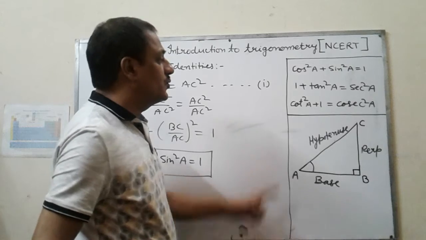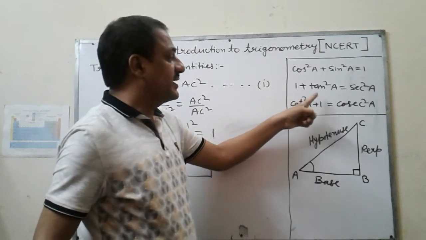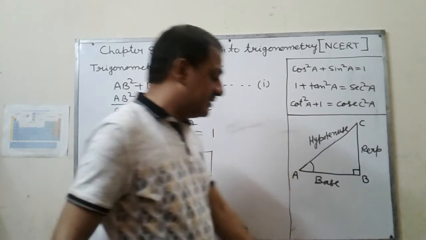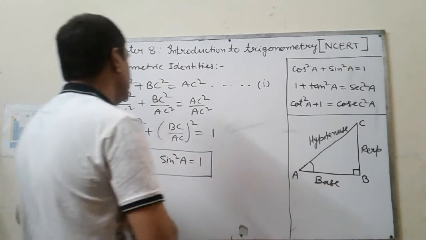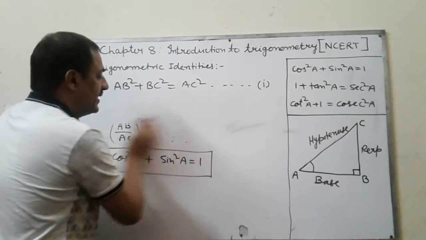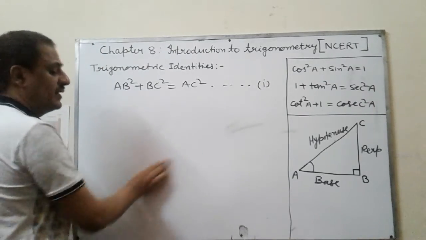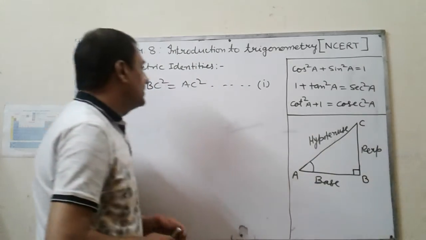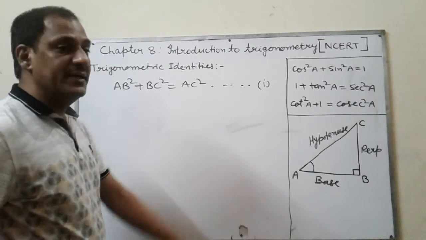Now I am going to prove the second identity: 1 plus tan square A equal to sec square A. For this, we will divide equation 1 by AB square, each term of this equation.